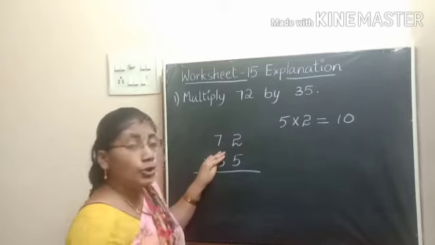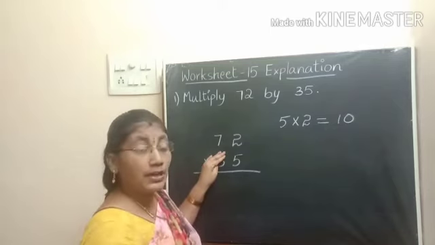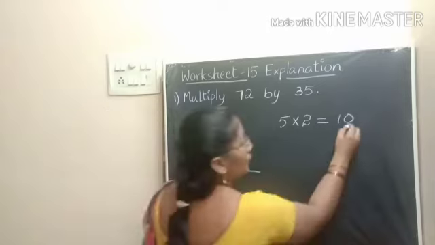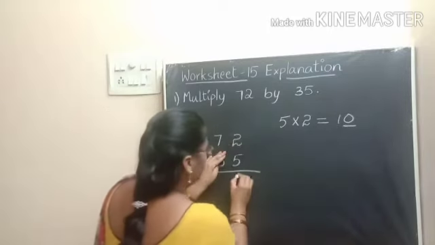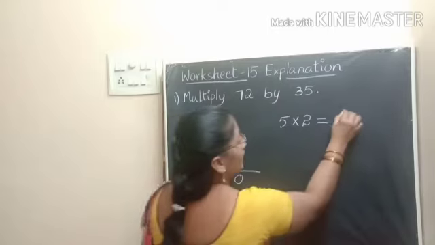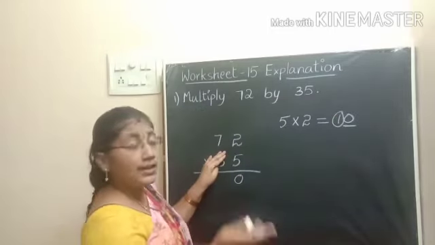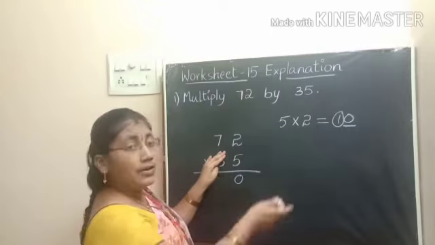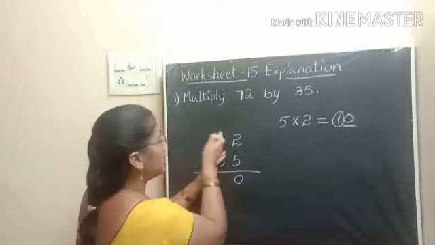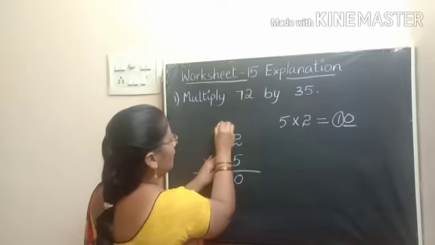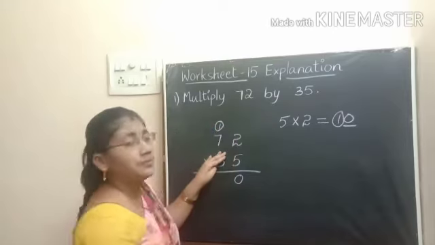We get a 2 digit number as a result, but we need to write only a single digit. So we should write the right side digit as a result and the left side digit as carry in the next place. What is the next place? Tens. So here we have to write the carry.